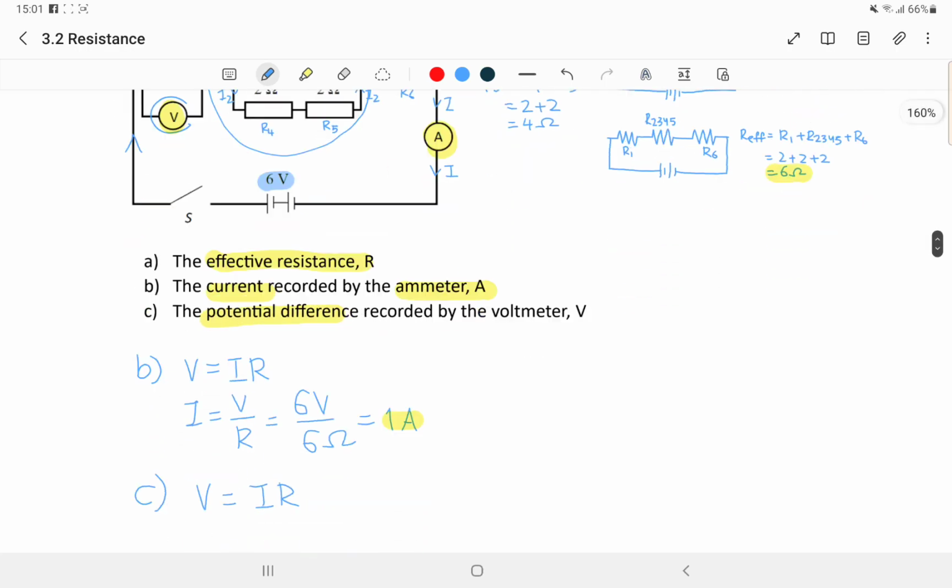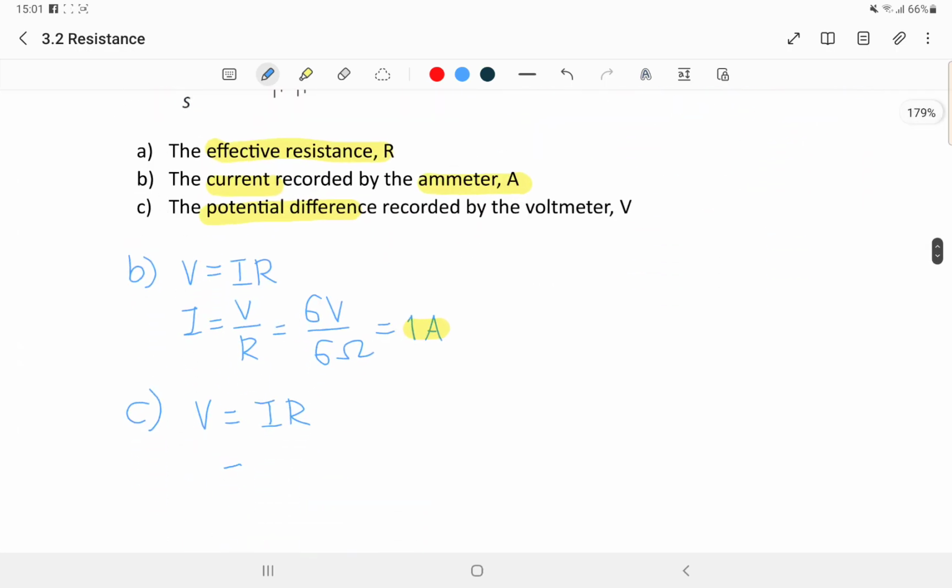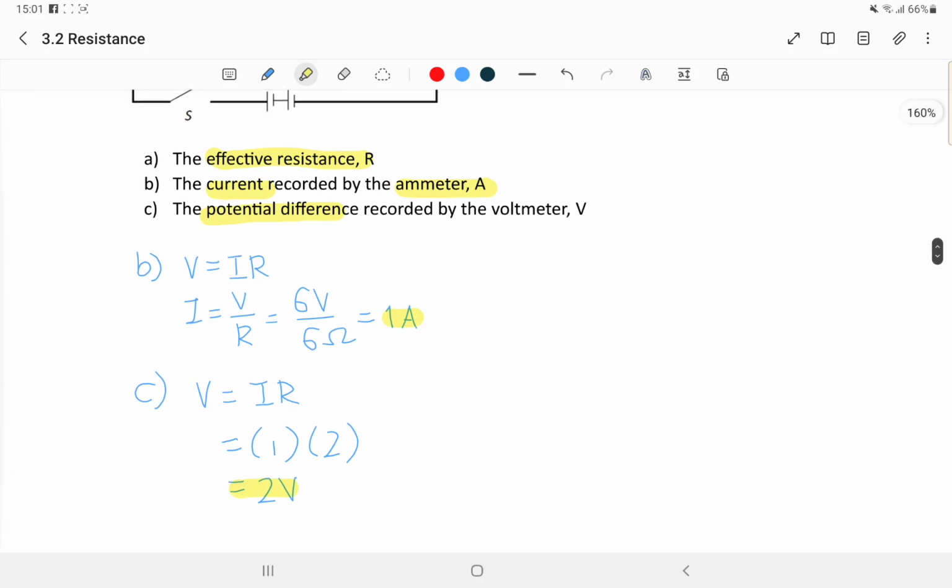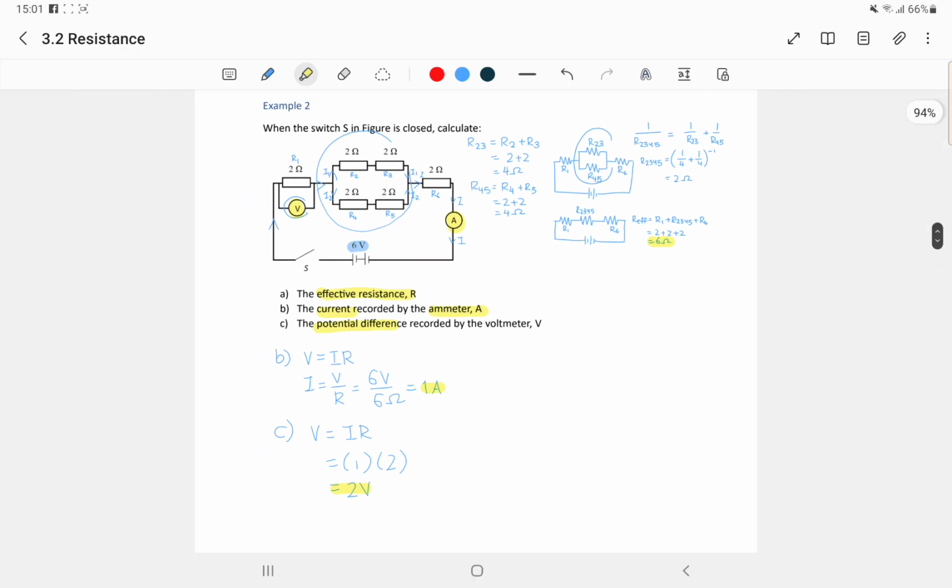Okay, so we can plug in all the values. This will be 1, and then R equals 2. So the potential difference recorded by the voltmeter is 2V. And this is the answer for part C. Okay, so that's how you do example 2.